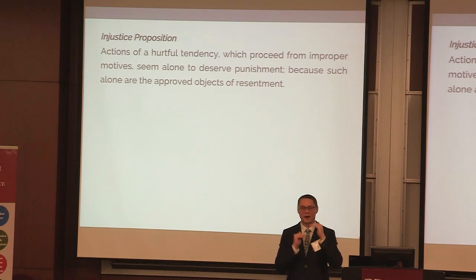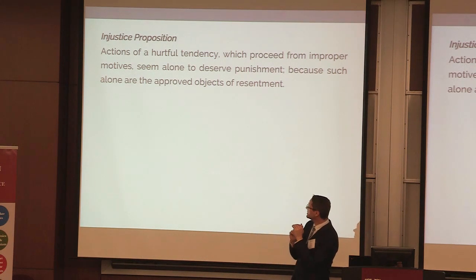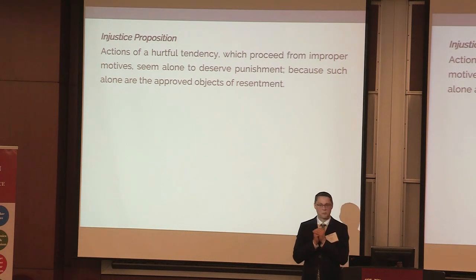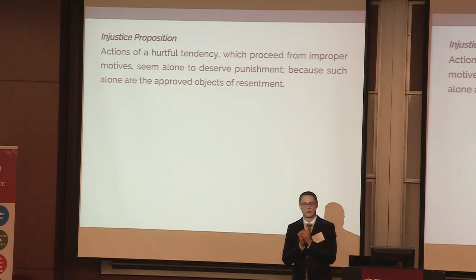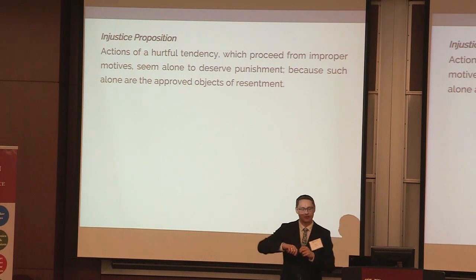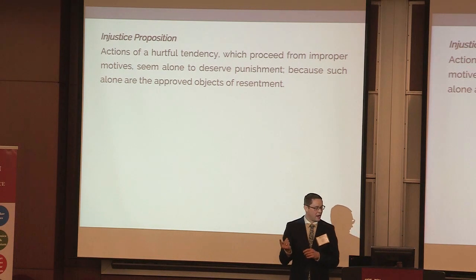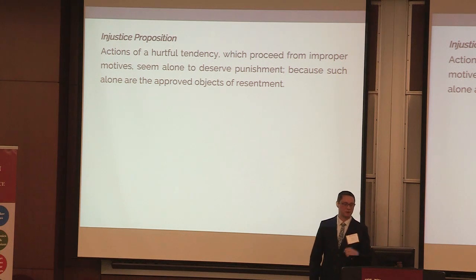These two sentences follow each other in the same section of the book, one right after the other, and they're just basically changing beneficent to hurtful, proper to improper, and reward to punishment, and gratitude to resentment. It's just flipping on the opposite side. And so what he says here is that those deserve punishment. When somebody does harm to you, that deserves punishment.